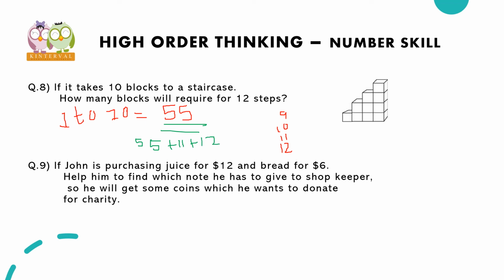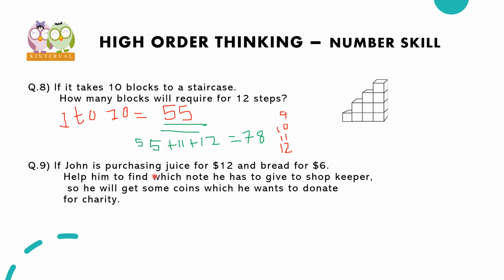Correct children? The 10 steps will give you 55, then 11 and then 12. The answer will come 78 blocks. Okay, do it yourself and check it out. And remember this type of shortcut: the addition of the first 10 numbers from 1 to 10 will give you 55. This type of addition you must remember.